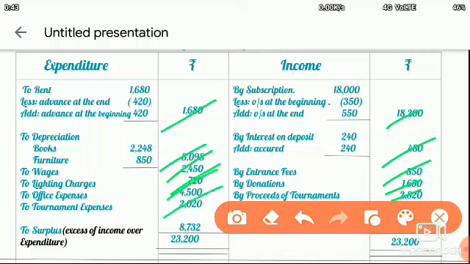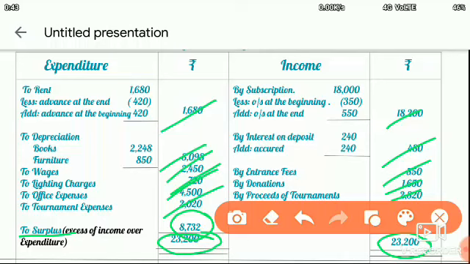So incomes are greater, so I'm writing the amount 23,200 for the total incomes. If we compare it with the expenditure, it is short by 8,732, which is our surplus.